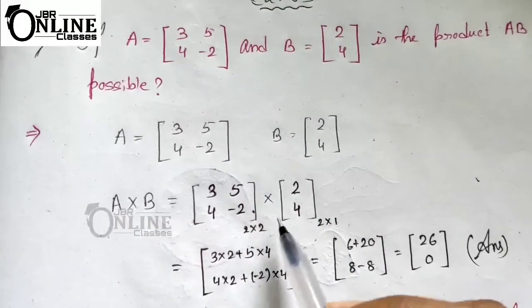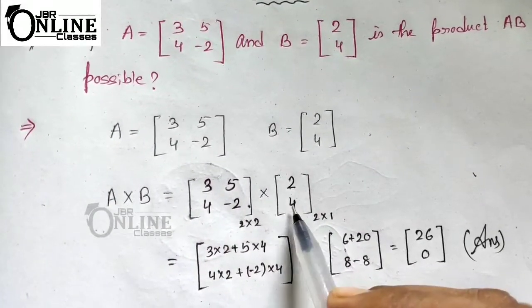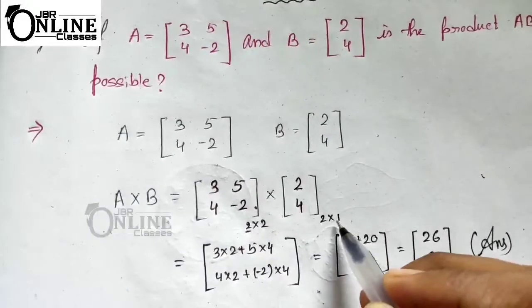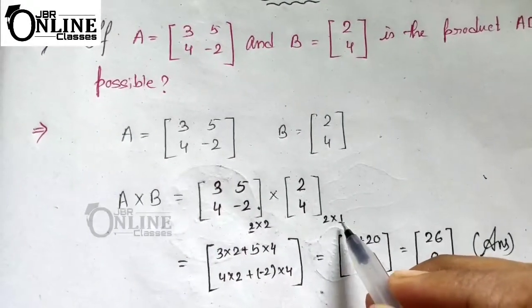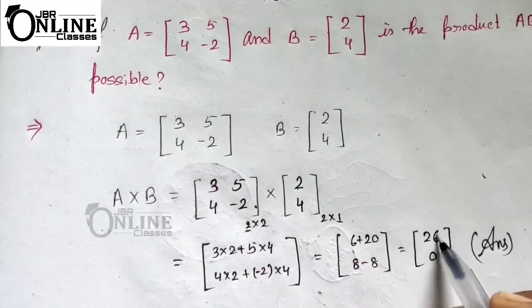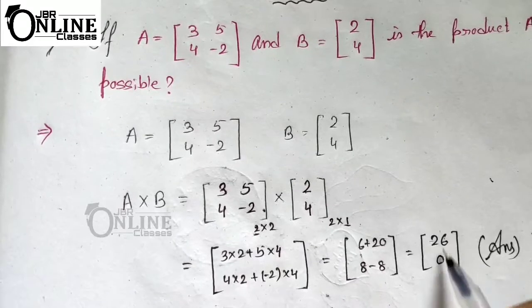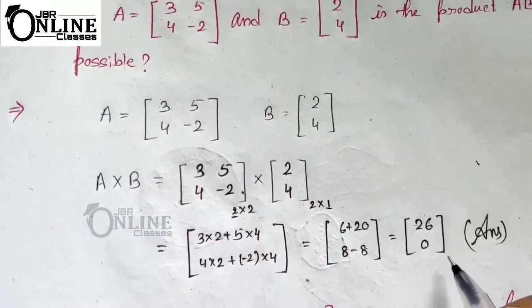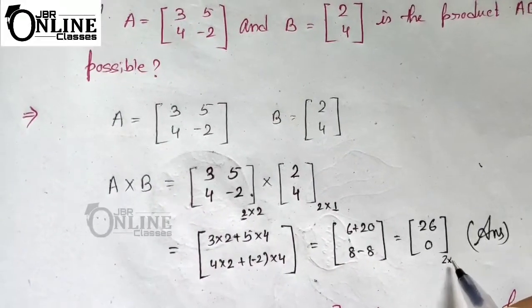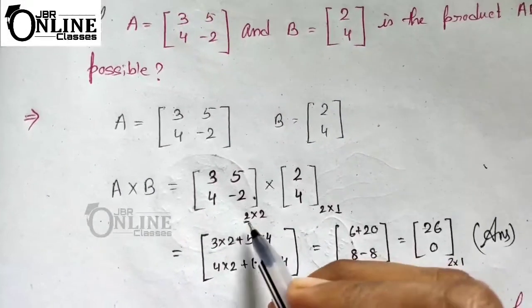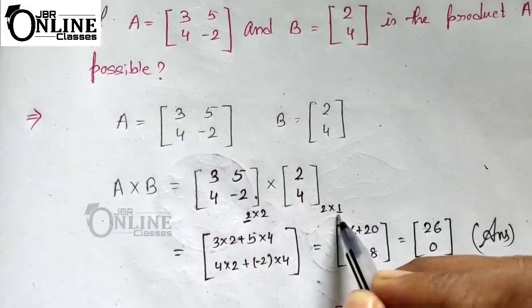That means the final answer will be 2 rows and 1 column, so here the answer is 2 rows, 26 and 0, and 1 column. The new matrix will be 2 by 1.